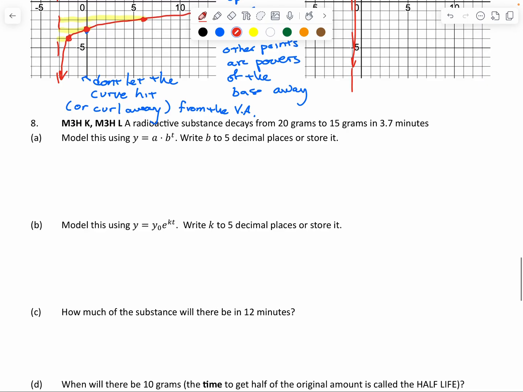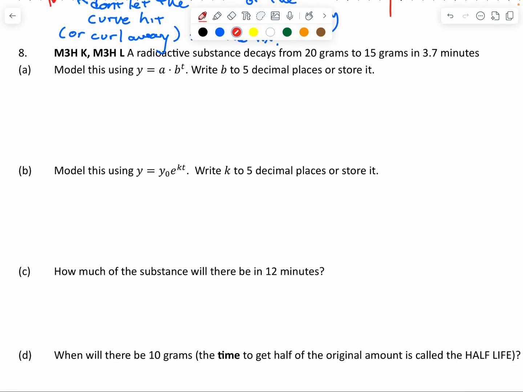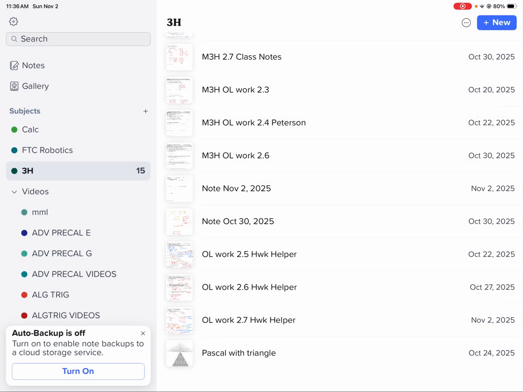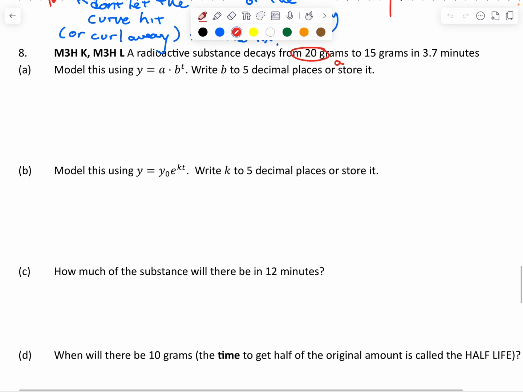All right, last but not least. Okay, so this is A. This is A, which is the initial value.